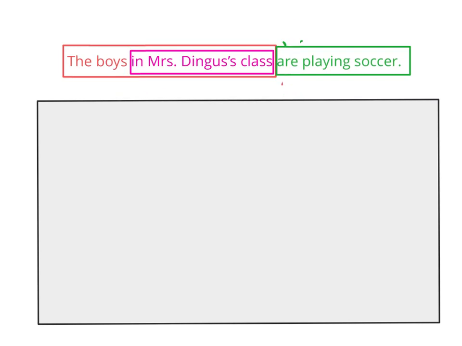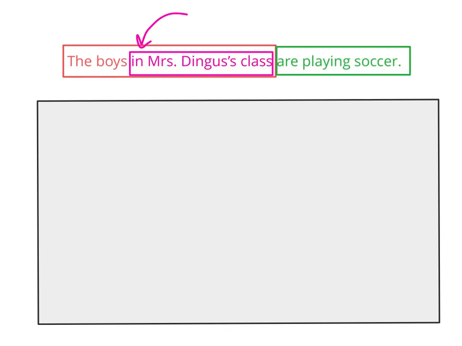Sorry, it gets messy when I write on this. You can see that in Mrs. Dingus's class is a prepositional phrase. How do we know that? Well, we know that because we know that in is a preposition. And if we find in, then we're going to keep on looking until we get to a noun. And there's the noun, it's class.